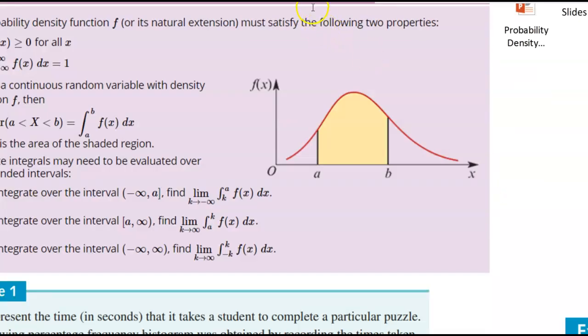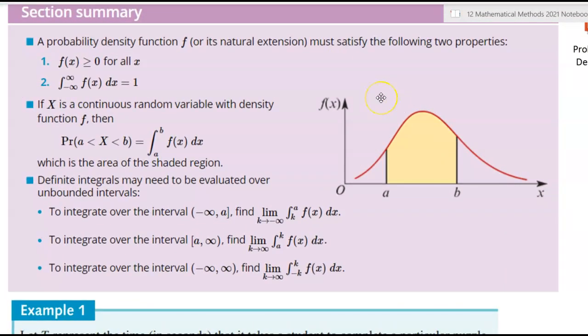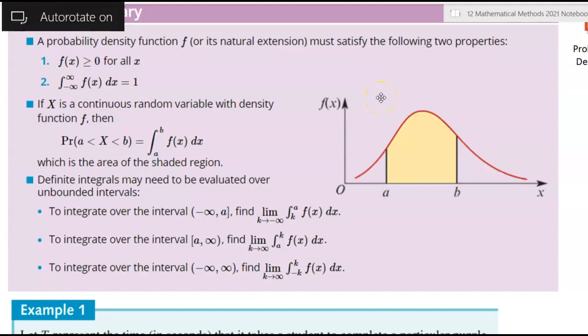So, what I would expect you to know, here's pretty much the key ideas that we just looked at.